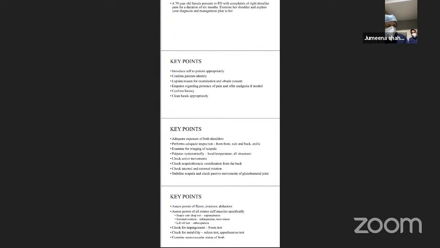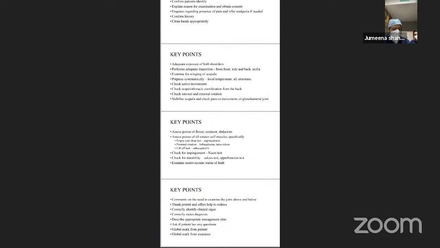Okay. Stabilize scapula and check passive movements of glenohumeral joint. So you'll have to stabilize the scapula and ask the patient to move the joint. Okay. That is initially just the introduction part, and next is the general part: general inspection, general palpation, and examination of active movements.